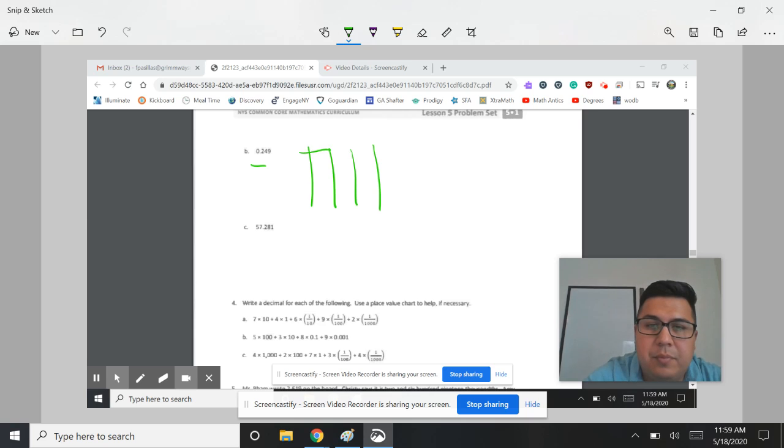Let's put our decimal right here, and we're going to say this is thousandths. You can either write the word out or do it like this.